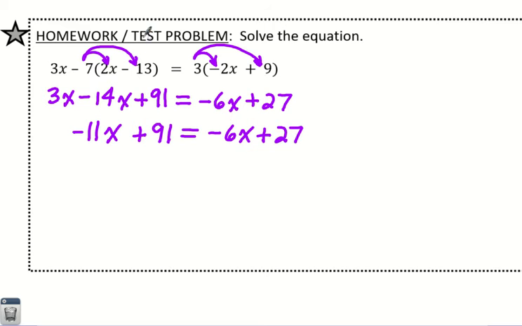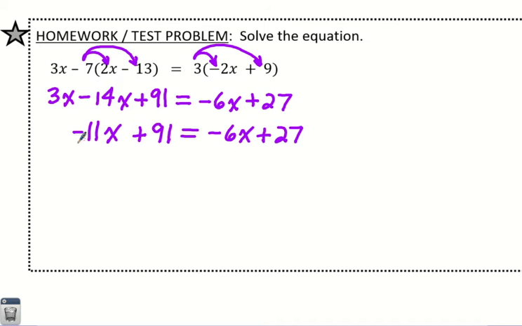So here's the thing. If I was someone that always wanted to put my x variable, or whatever variable, x, m, y, n, whatever, on the left, I would be adding 6x to both sides.